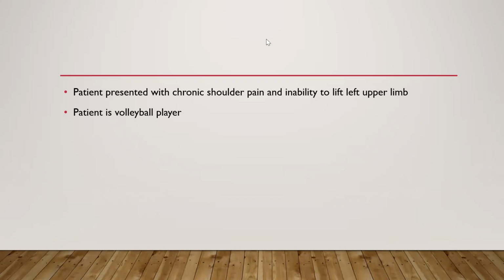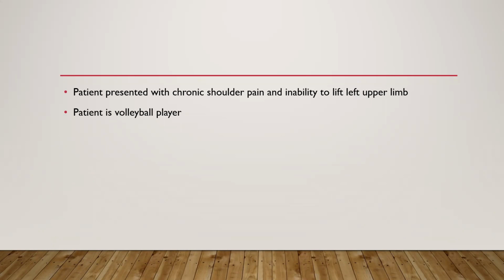Then we come to the upper trunk muscle involvement, like the supraspinatus and infraspinatus. For the supraspinatus, we test the first 30 degrees of abduction from the side.